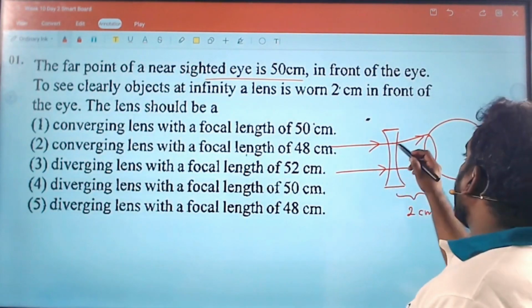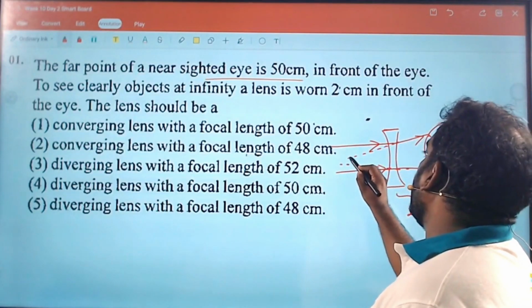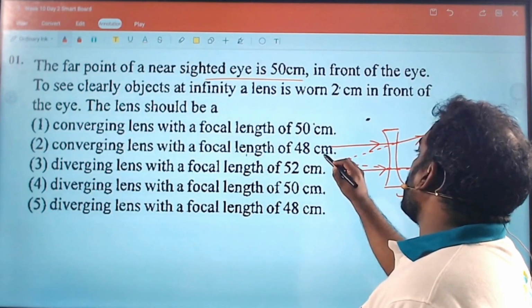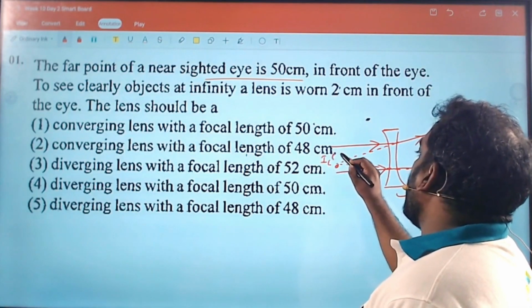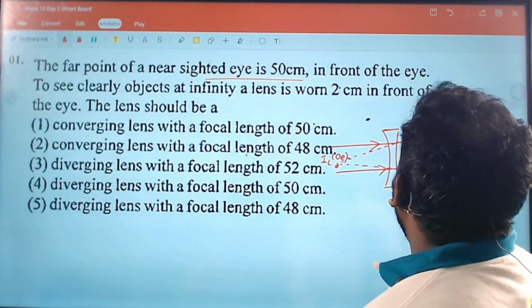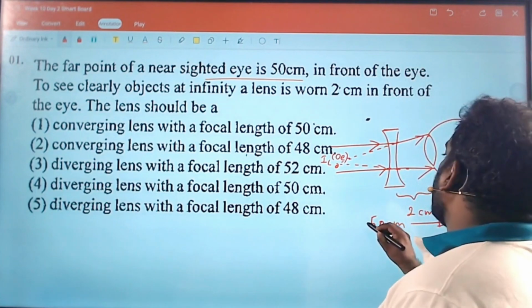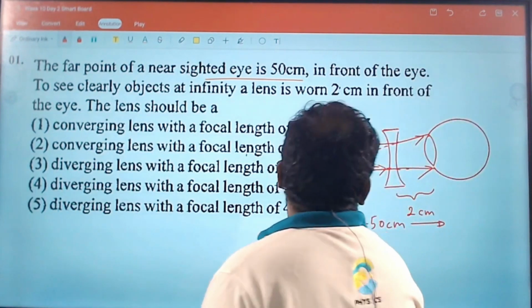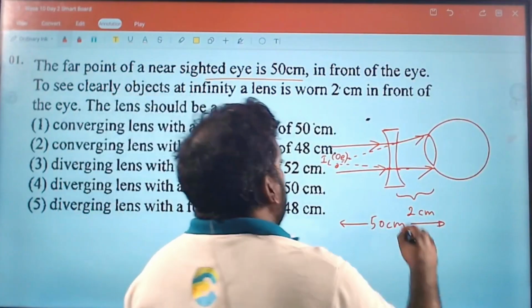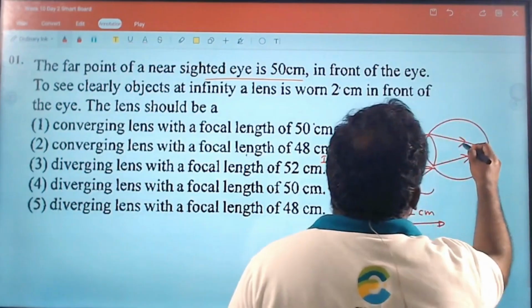If you extend the rays, the image should form. The image from the lens should be the object for the eye, at a distance of 50 centimeters from the eye. Then the light rays seem to come from the far point and will converge on the retina.